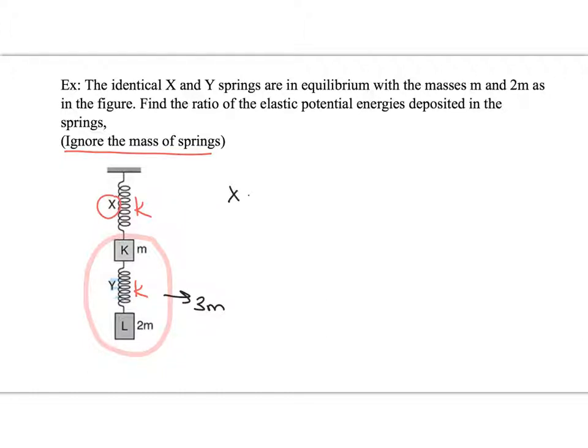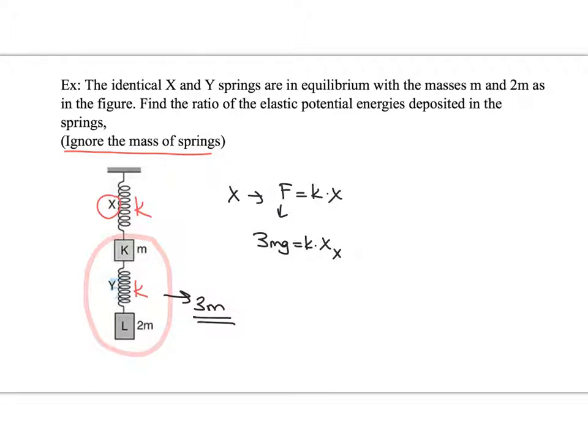So for X, I'm going to use F is equal to Kx. The total force applied to X is the weight of the 3m, which is 3mg, equal to K times the amount of stretch of X.